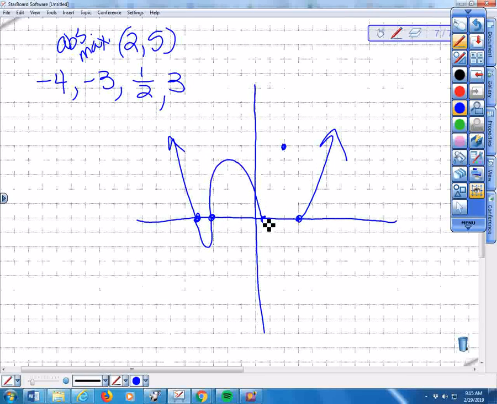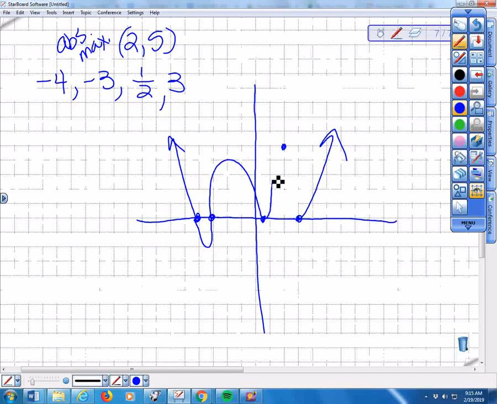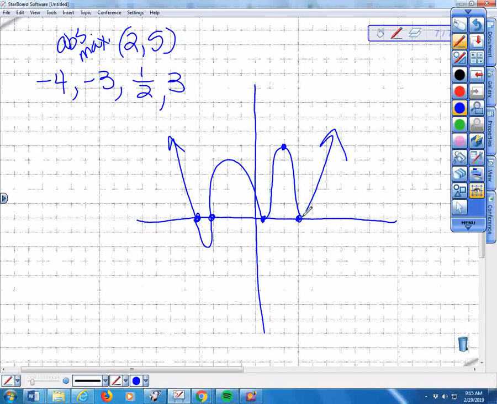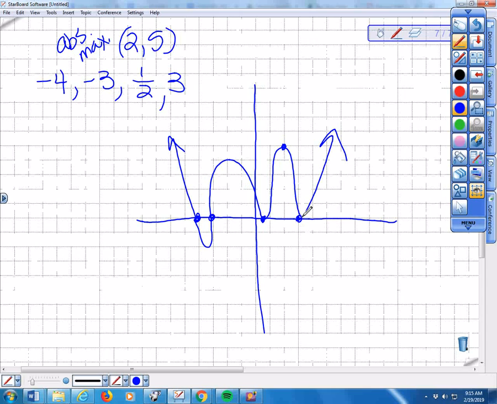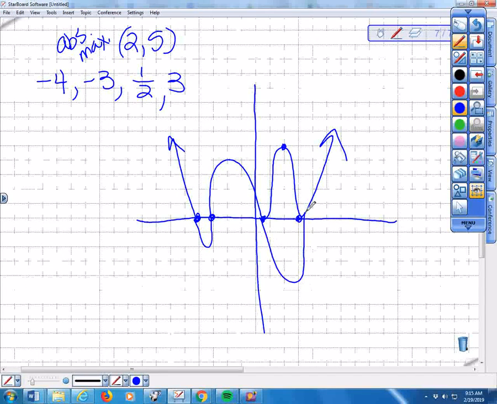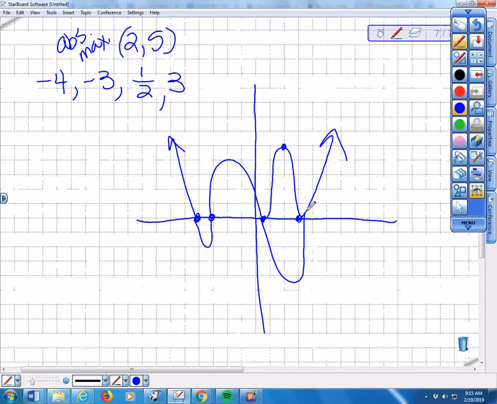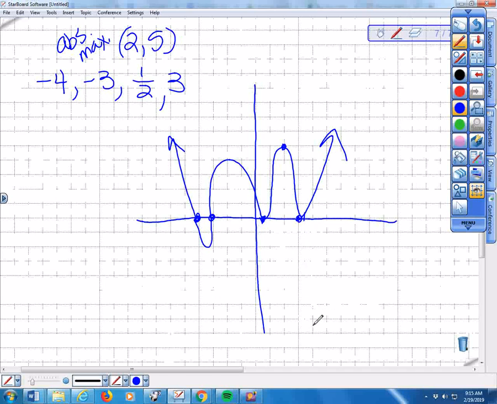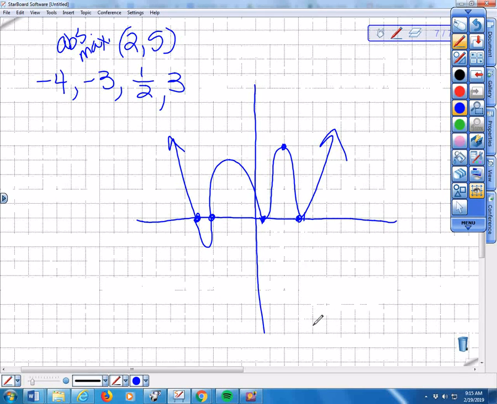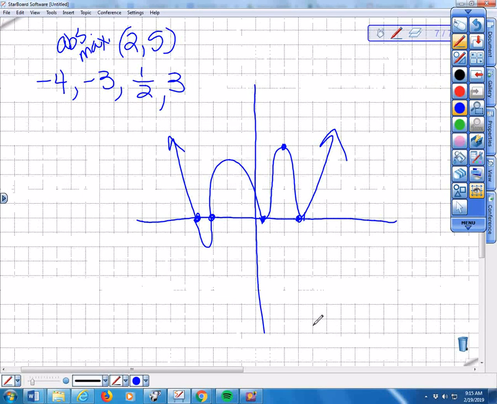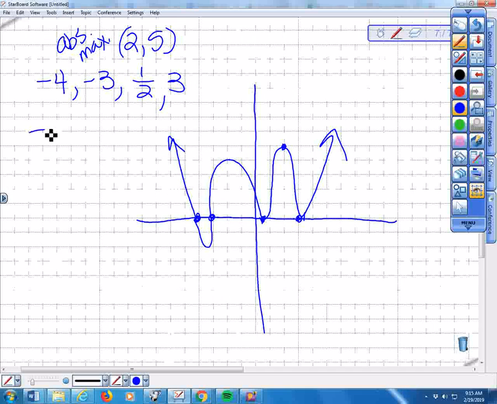right? I almost feel like I'm going to have a repeated root to hit that maximum. Because if it doesn't, if my maximum's up here and this were to come back down and come up, there's no way I could get that maximum, right? So there's probably a repeated root in here. Or the end behavior could be, this could be a negative.